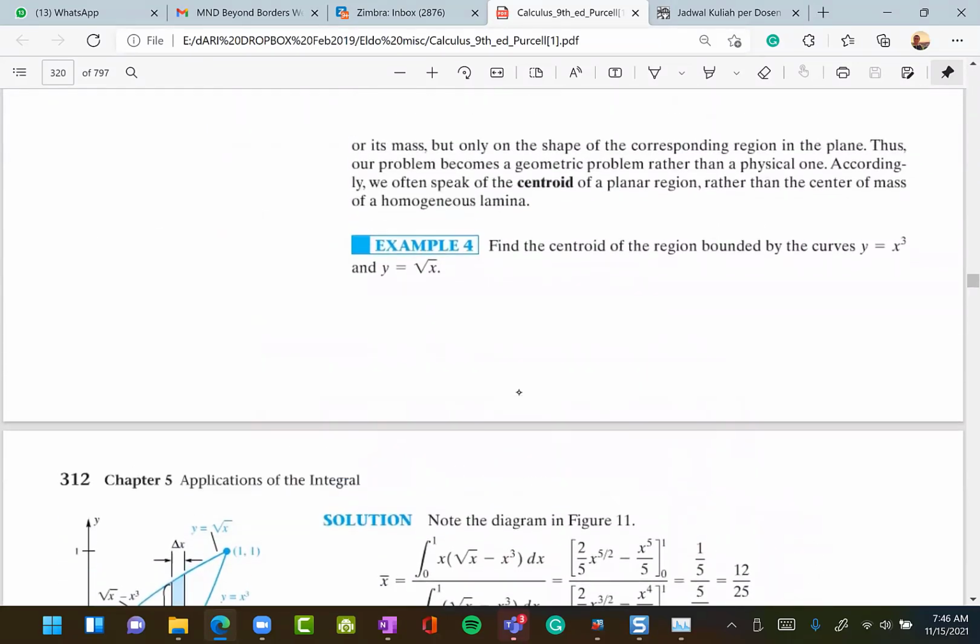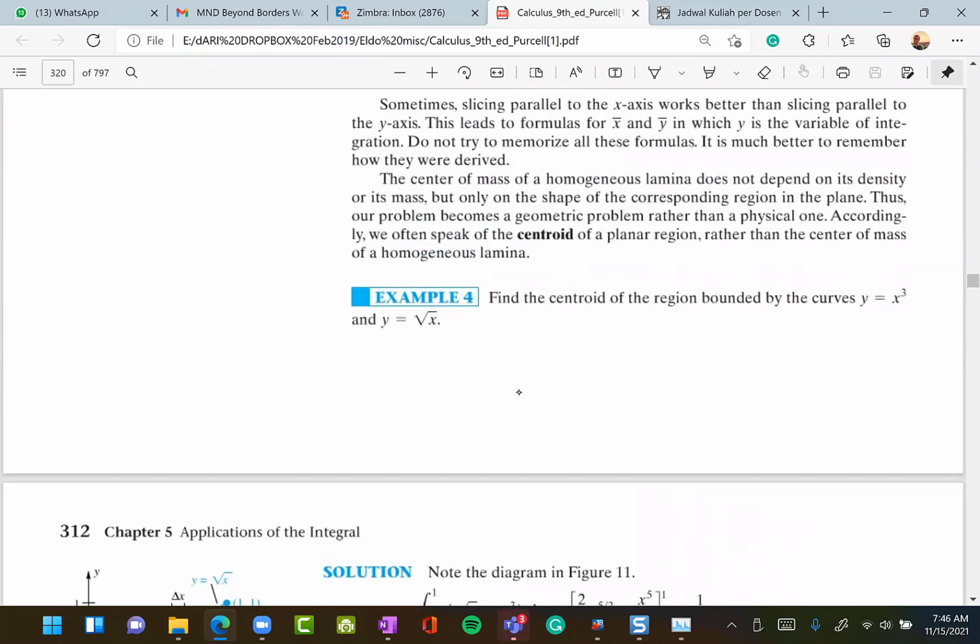Let's do this one. Center of mass equals centroid. Consider a region bounded by the curve x cubed and square root of x. We need to find the centroid.